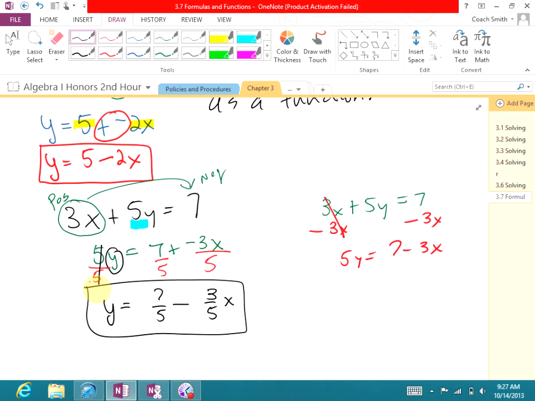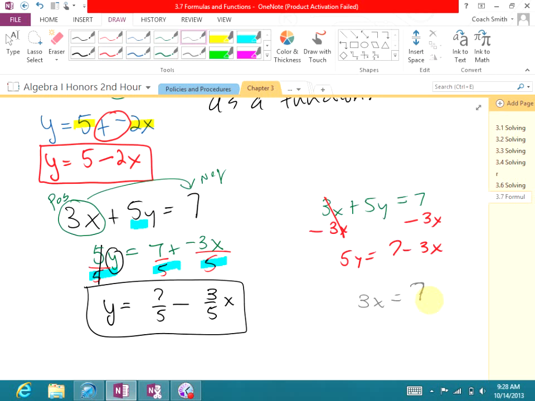Now, the reason that I divided by 5 all the way across is because I had 3 terms. Okay? Usually when we come up against this, we would have something like 3x equals 7. Okay? When we had equations that just had the one variable in them.